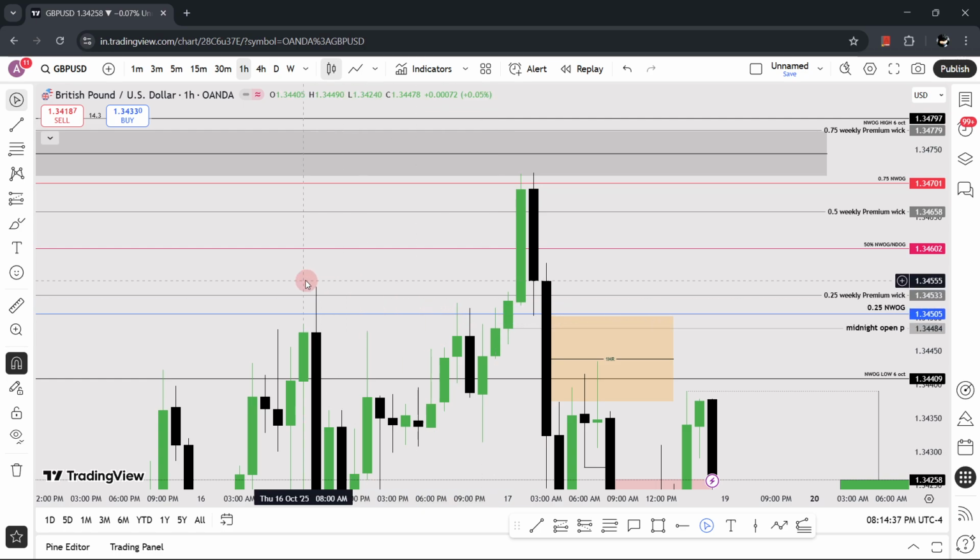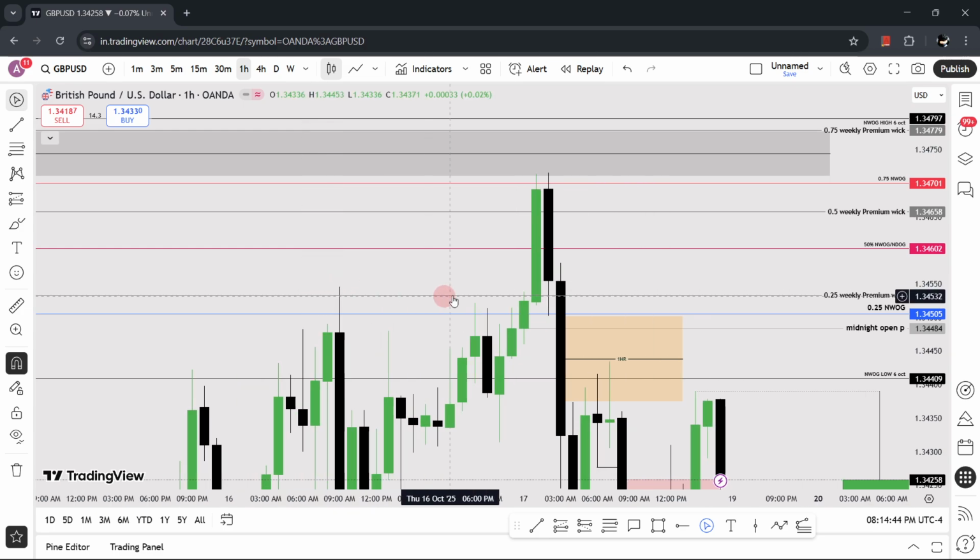Midnight open took the previous day high, went down to where that 4 hour fair value gap is, and is respecting that 0.75 or the upper quadrant of the new week opening gap of 6th October.